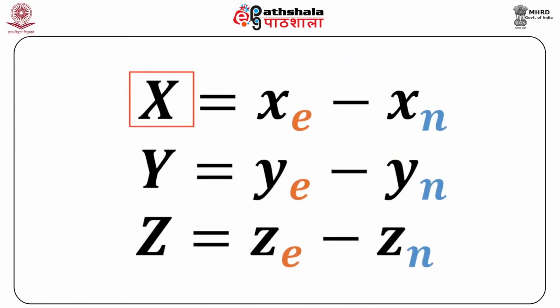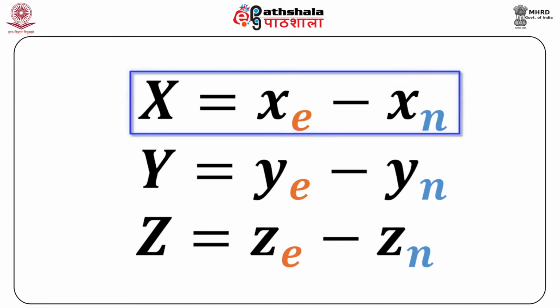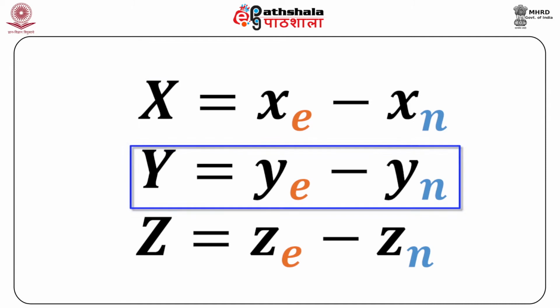And x, y, z are the coordinates of the electron relative to the nucleus. That means x is equal to xe minus xn, y is equal to ye minus yn, and so on.